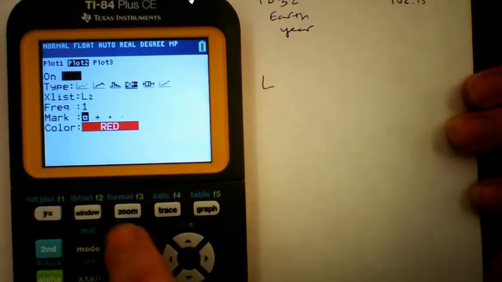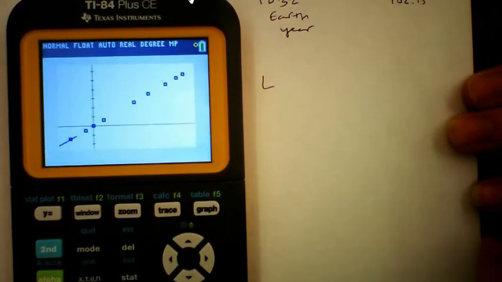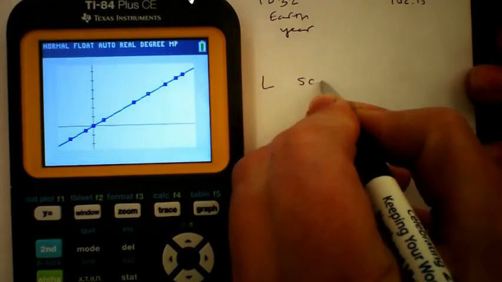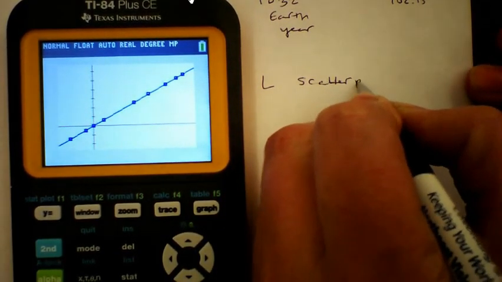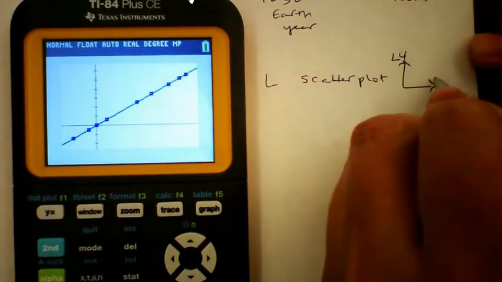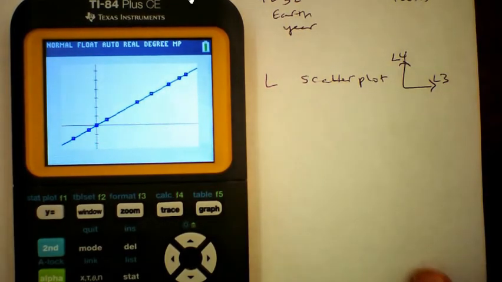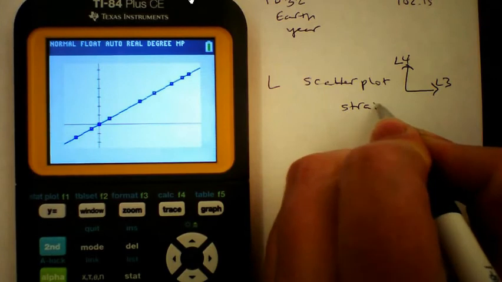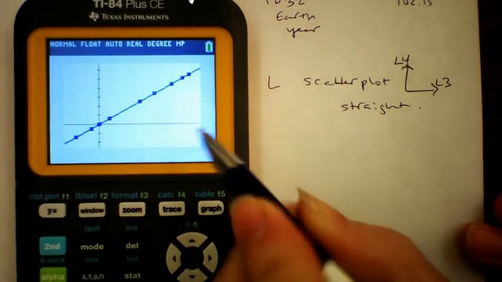Okay, then zoom 9, and that looks very straight. That was a scatter plot, with L4 on my y-axis and L3 on my x-axis, and it looked straight, especially with the overlay of the nice equation on there.